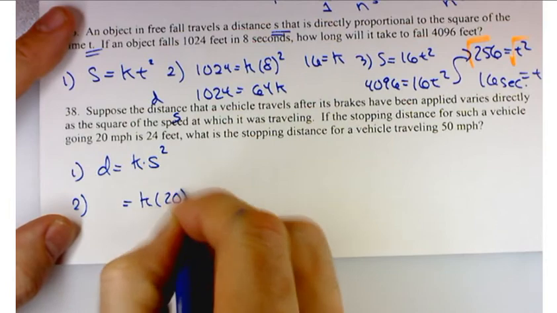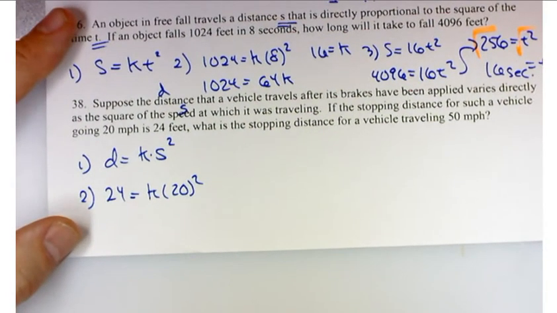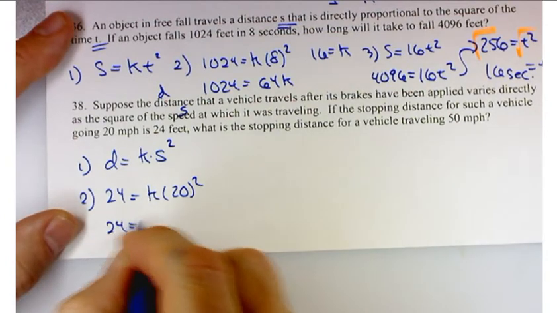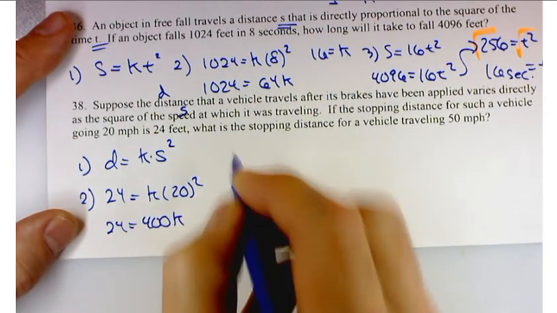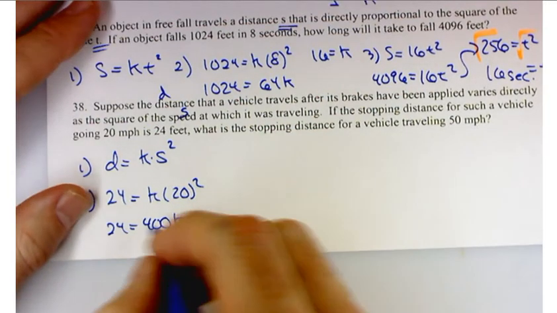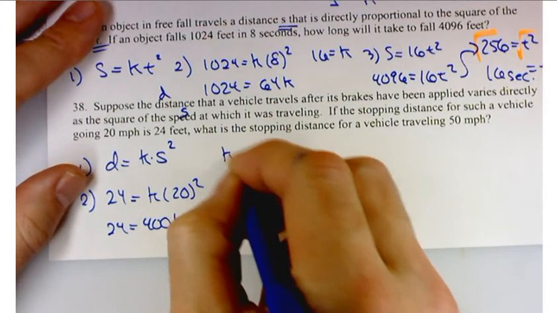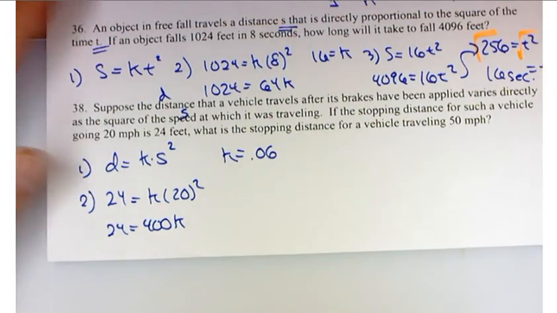S. And then the 24 would be over here. So that's 24 equals 400 times k. 0.06. Good. So you divide both sides by 400 and we get k equals 0.06. Thank you.